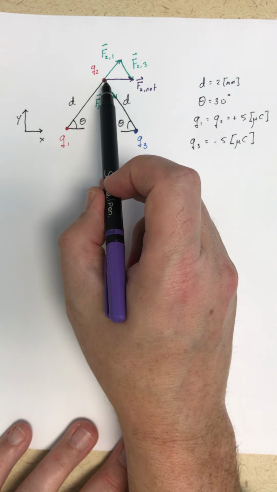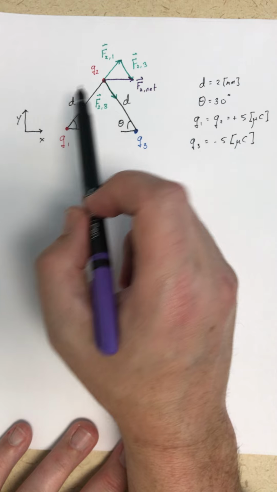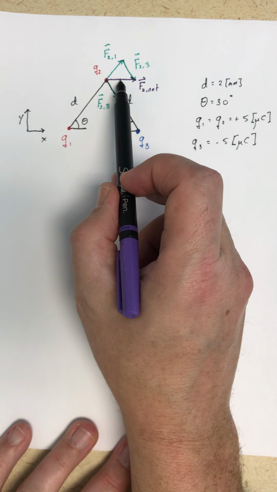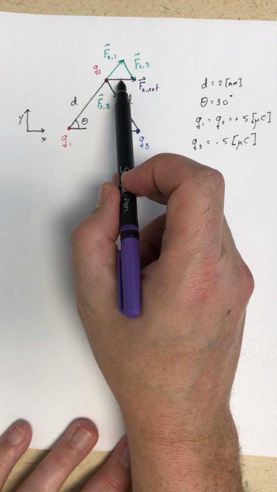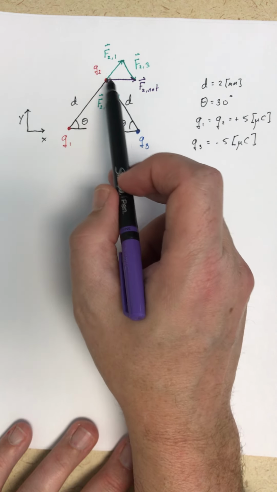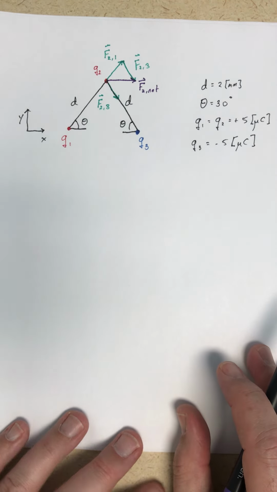And also, their x components are just going to add together. As far to the right as the force on 2 due to 1 takes me, the force on 2 due to 3 takes me. So I can find just the x component of one of these and double it. So we don't have to do quite as much work.